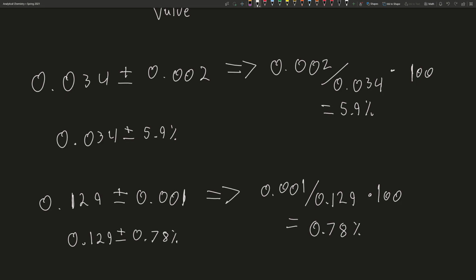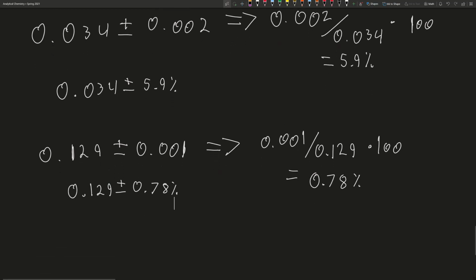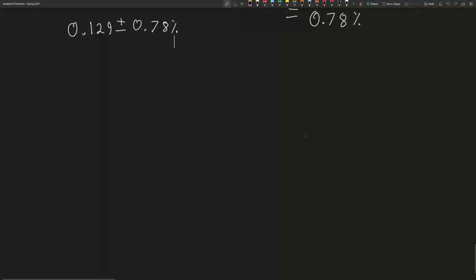And when we are converting between one form and another, we don't want to introduce rounding errors. Let's actually use these relative uncertainties. This will be the last thing we talk about today.